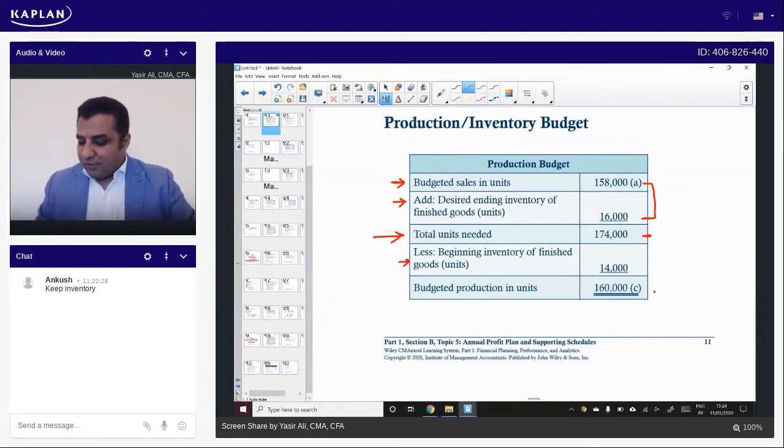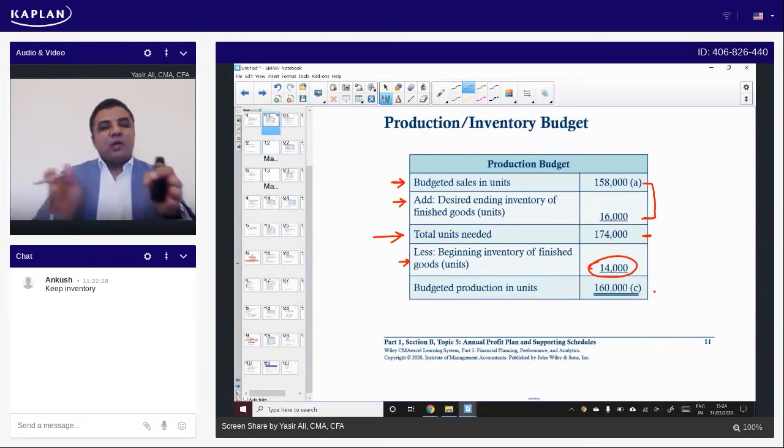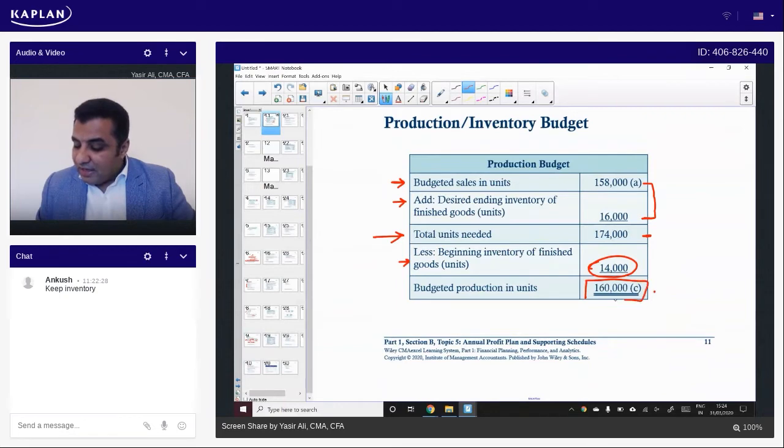We deduct this from the 174,000 needed to sell and to keep in inventory. 14,000 is already in inventory. It's called beginning inventory or opening inventory. So we reach budgeted production in units, or budgeted units to be produced, 160,000, right? This also gives us the overall formula.